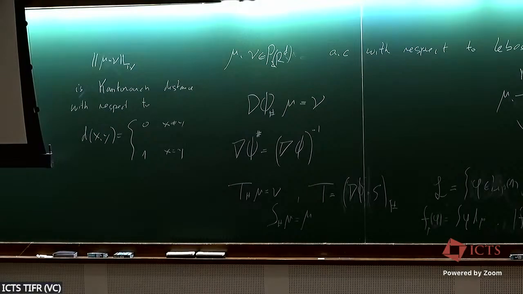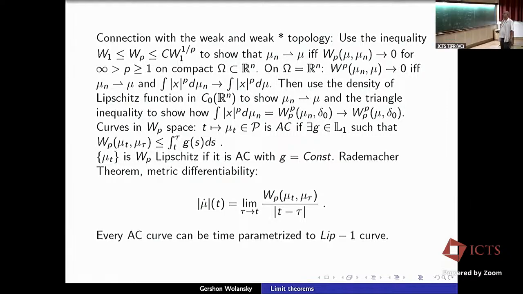Let me return now to this statement. When we look at the orbit of probability measures depending on t, we can define something like a derivative. What is absolutely continuous?